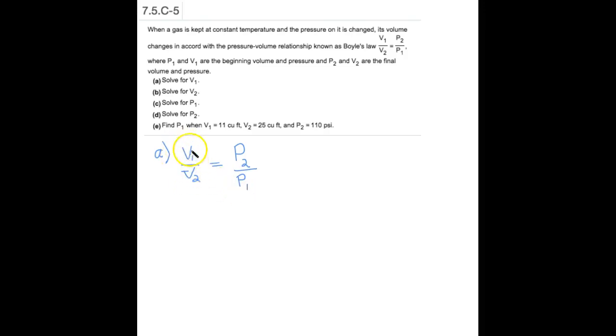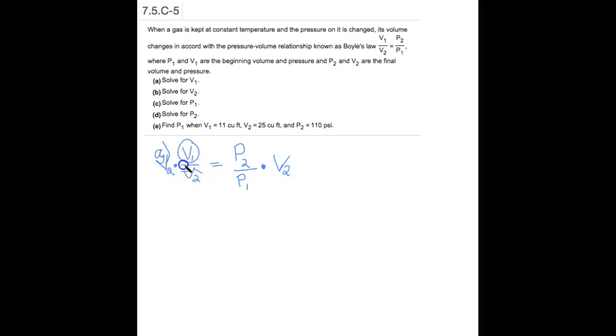You want to ask yourself, if I want to isolate this, I need to get rid of V sub 2. How would I do that? Well, V sub 2 is being divided here, and so I want to multiply by V sub 2 on each side.